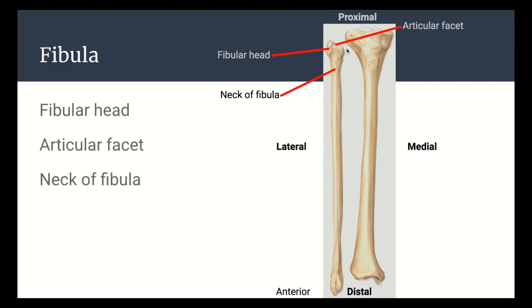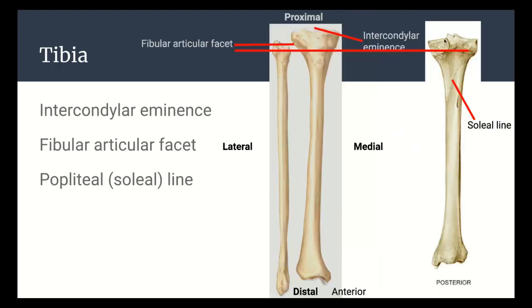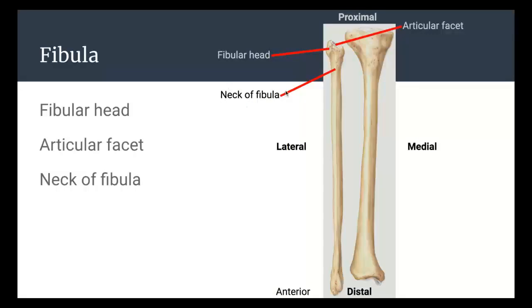The articular facet of the fibula is going to be associated with the fibular articular facet of the tibia. And then finally here we have the neck of the fibula. When there's a head, there's normally a neck also associated with it, just distally.